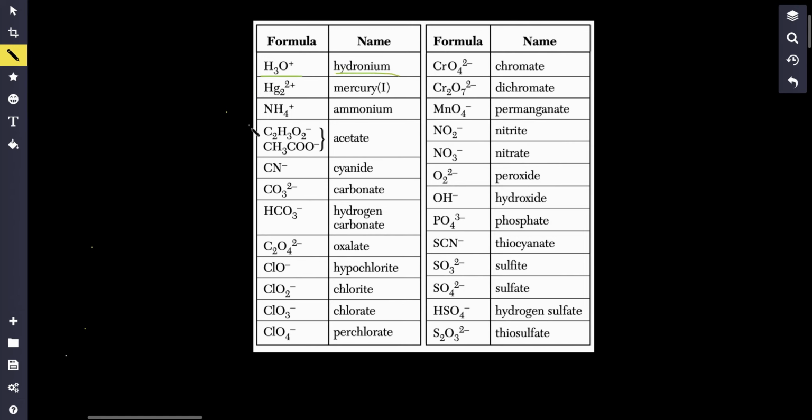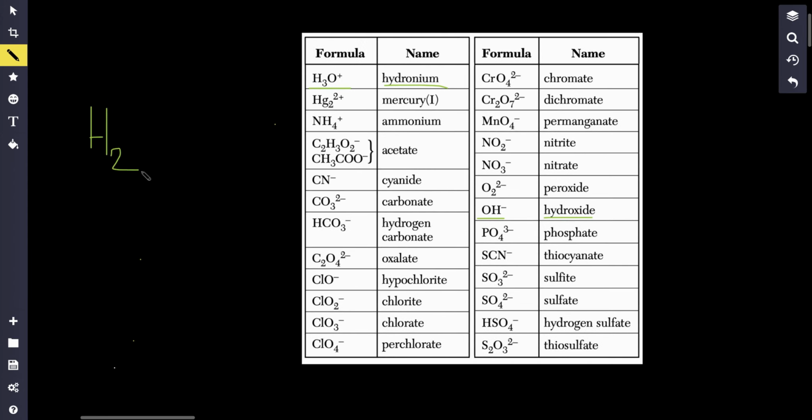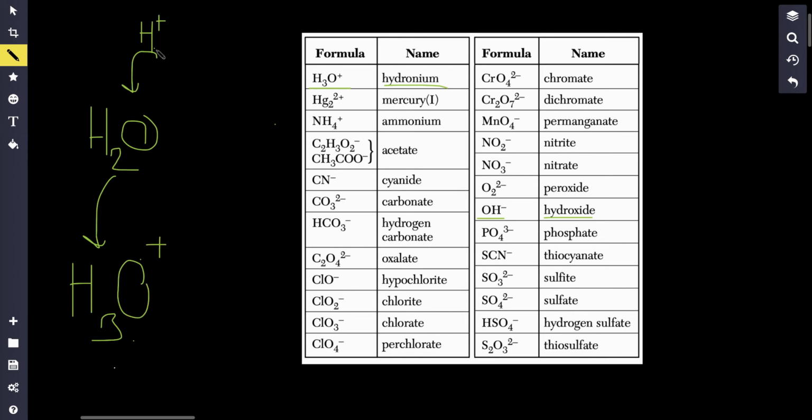So we've got hydronium. Now, hydronium and hydroxide, you're definitely going to memorize them in the acids and bases unit. If you have H2O, it gains a proton, which is an H+ ion, and it turns into H3O+ because it has gained an addition of hydrogen and a charge.